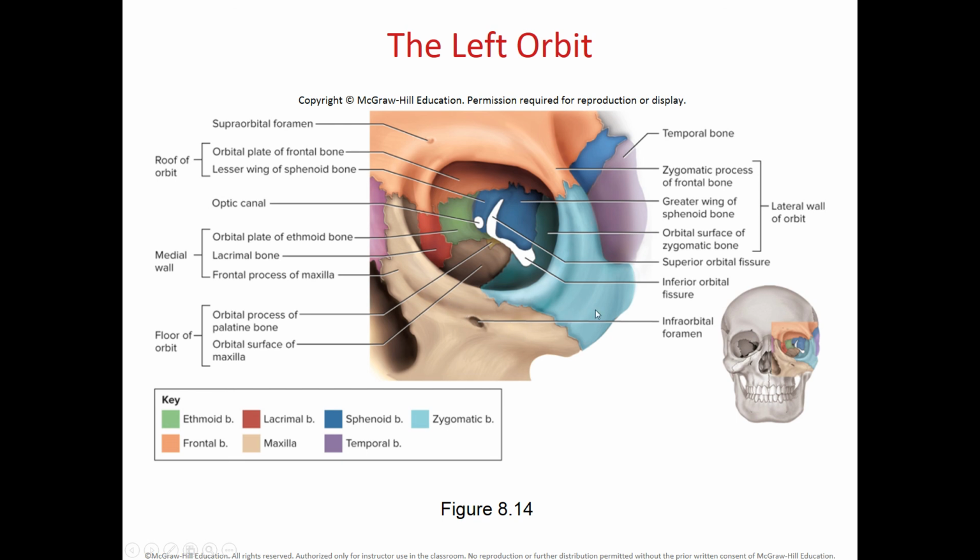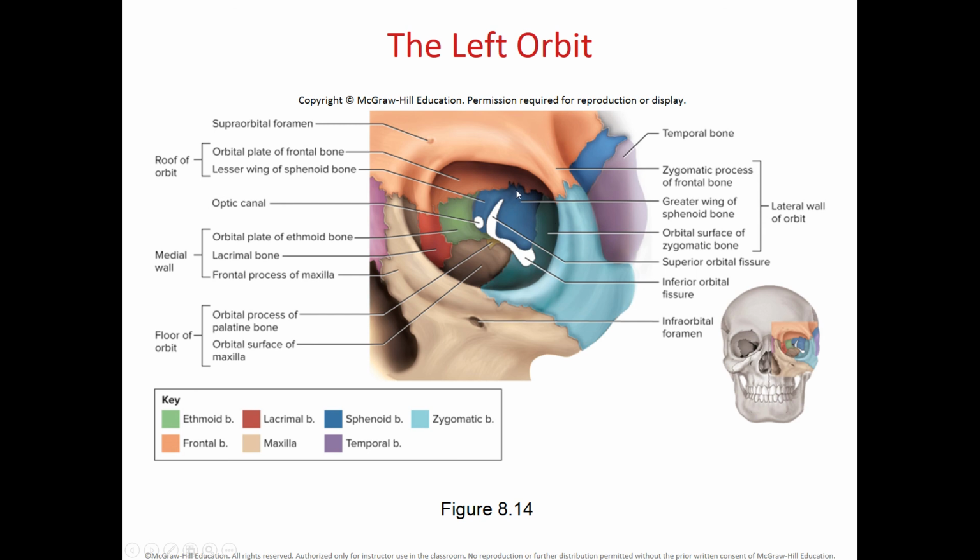And then the lateral wall of the orbit, which is the most prominent part, will be made by the zygomatic process of the frontal bone, which is this part, and the zygomatic bone, which is the cheekbone, this one in teal color, and this part will be the orbital surface of the zygomatic bone.